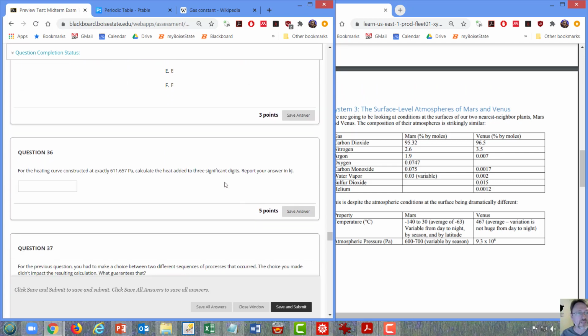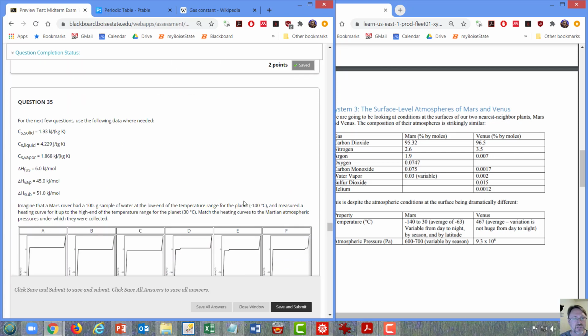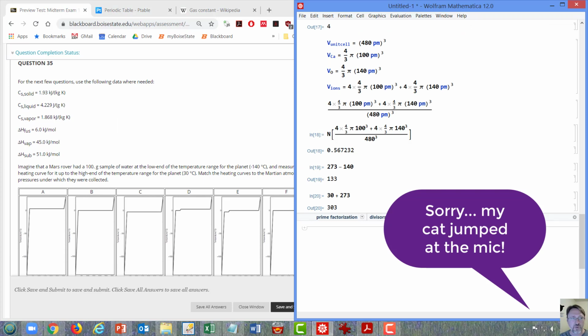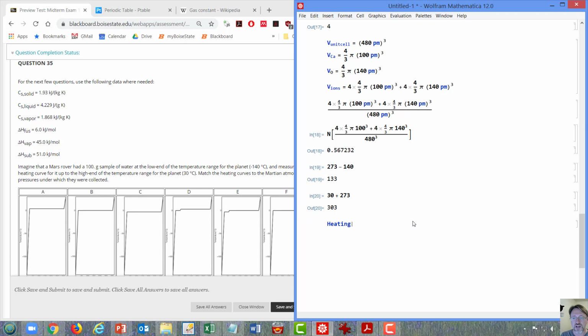There we go. For the heating curve constructed at that temperature, calculate the heat added to 3 significant digits. Report your answer in kilojoules. Okay, so we have 3 steps that are going on. We have heating the solid. We have converting to vapor.